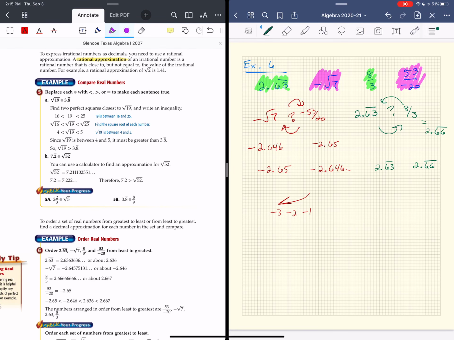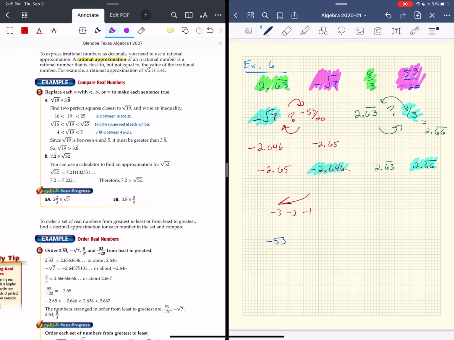And so finally, I would just say, well, let's make sure we've got the right numbers matched up as we go. Remember, negative root 7 was this one over here. 8/3 was this one over here. And so my final order here would be negative 53 over 20, comma, let's put this in blue.